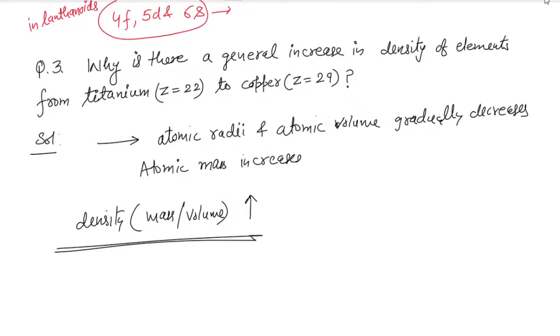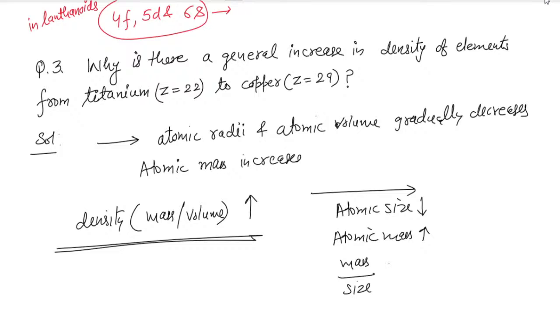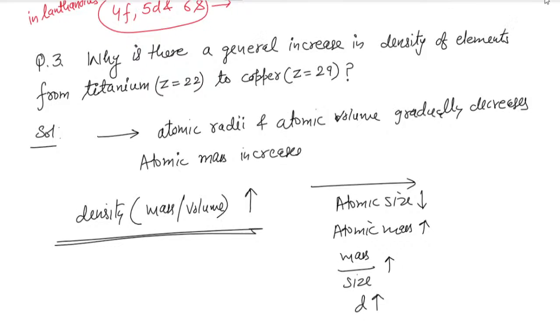In all cases, as we go along the series, atomic size decreases and atomic mass increases. That's why mass over size increases. That means density increases along the series when we go from left to right. That is the proper reason.